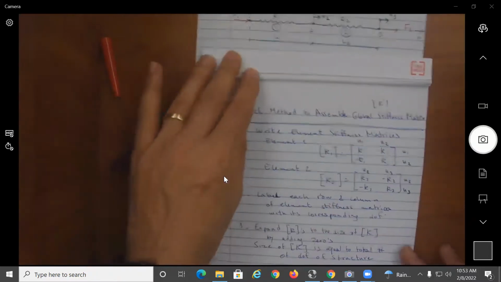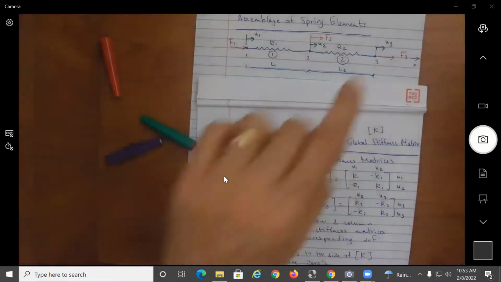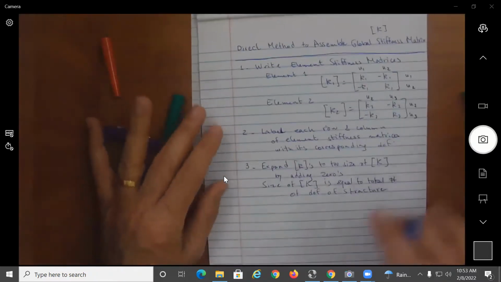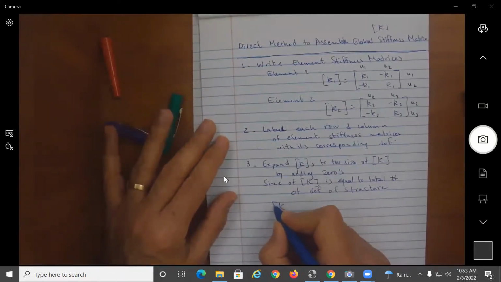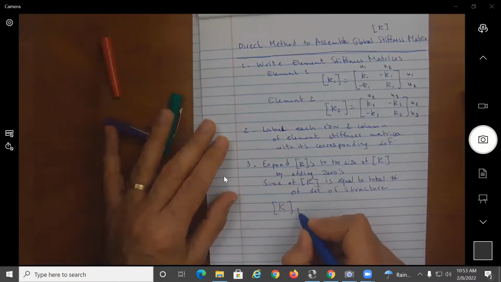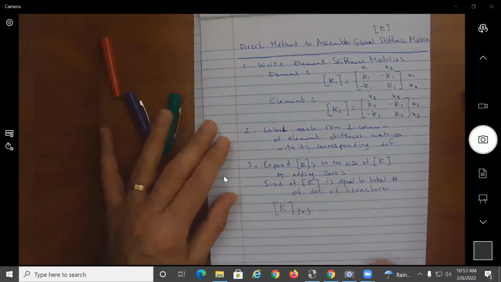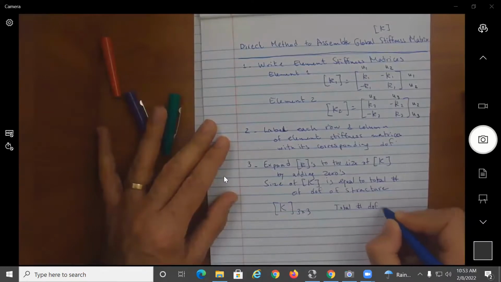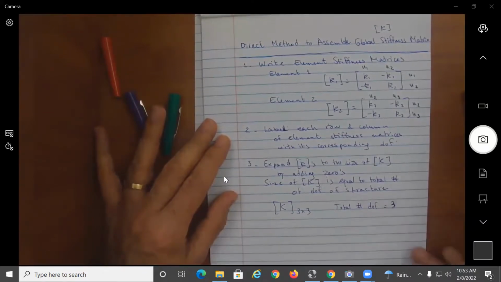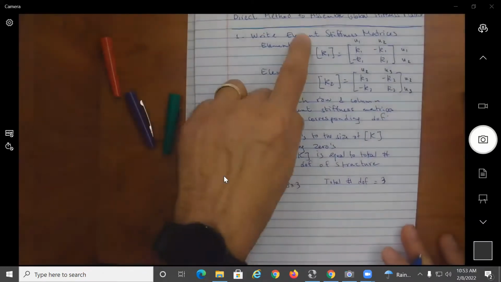So in this case, the structure here has 3 degrees of freedom. So basically, for the example, we can say that this K is going to be a 3 by 3 because the total number of degrees of freedom is equal to 3. So what do I mean by expand this?